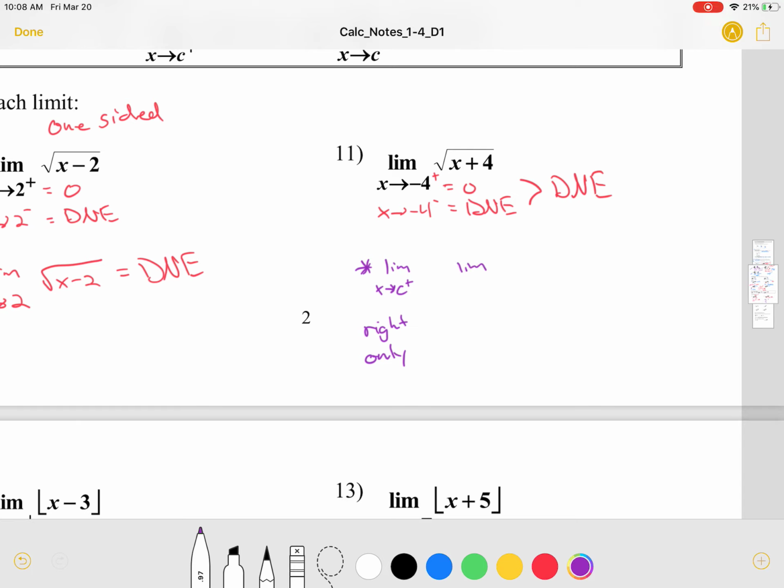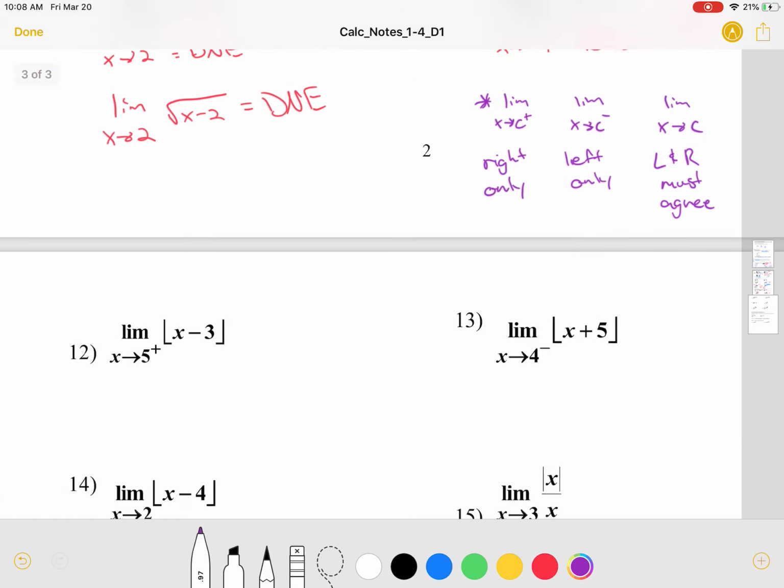If you're taking the limit of x going to c from the negative side, you do the left only. And if you're taking the limit from x just straight up to c, you need to do left and right. They must agree, or it does not exist.